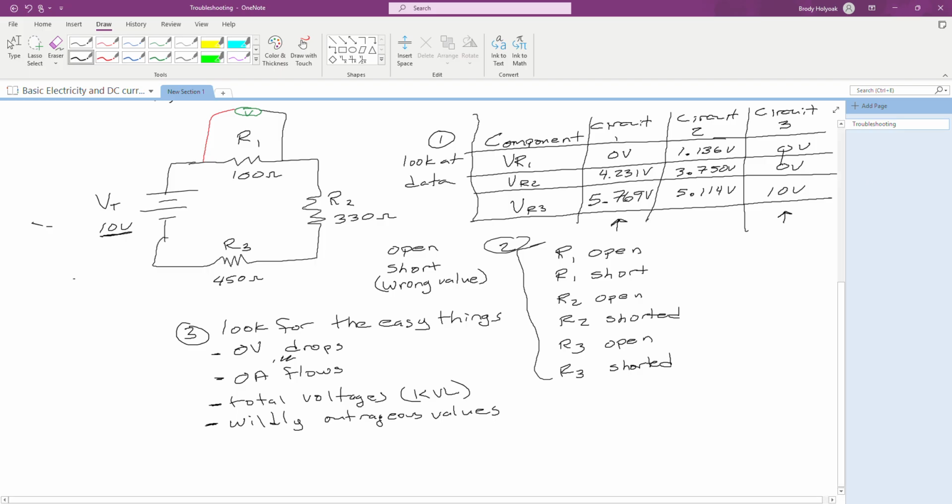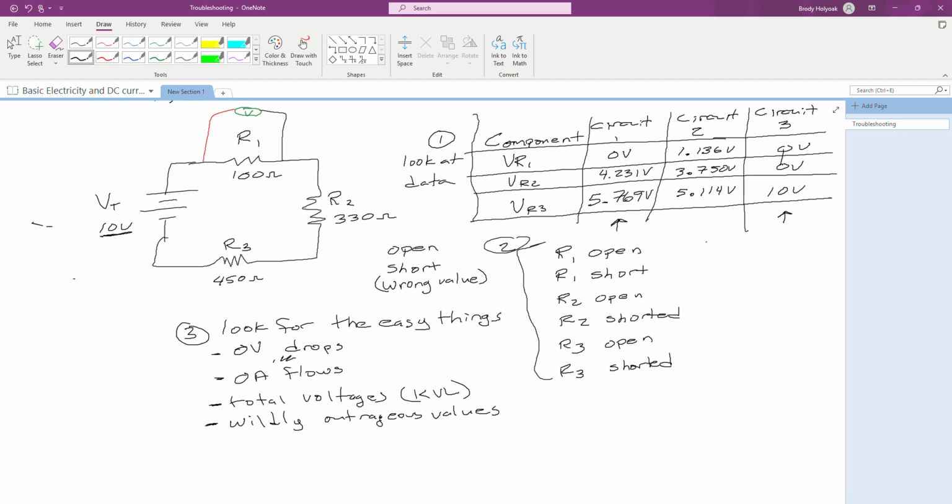So that is another red flag. 0 volts is very conceivable, but having something take 10 volts raises some red flags to me. All right, so with that being said, we're going to continue to look at these.